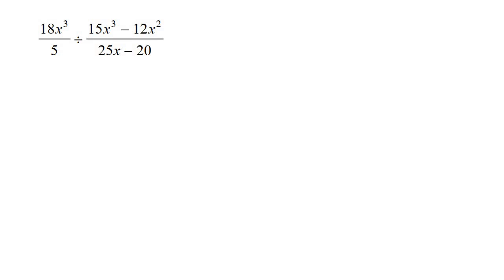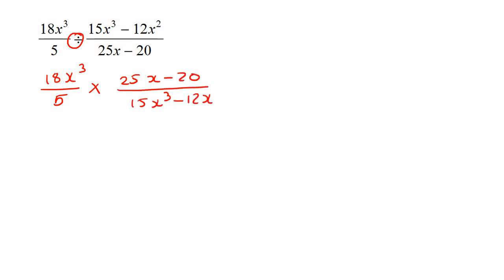Here's our next one. So it's got a divide sign, so that means you're going to keep the first fraction exactly as it is. You're going to turn it into a multiply, and then you're going to flip the fraction upside down. So 25x take away 20, and then at the bottom, you're going to be left with that over there. Now you cannot factorize that. It's a single term, so you leave that one as it is. You cannot factorize this.